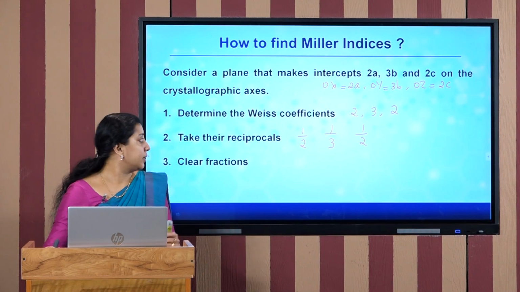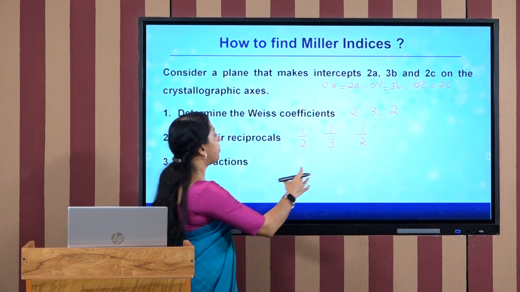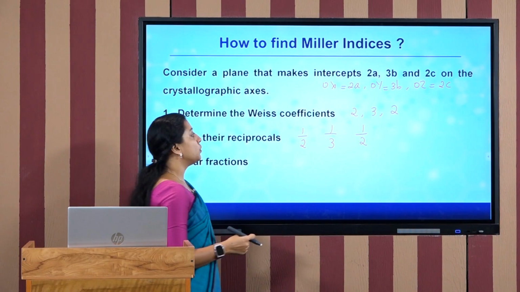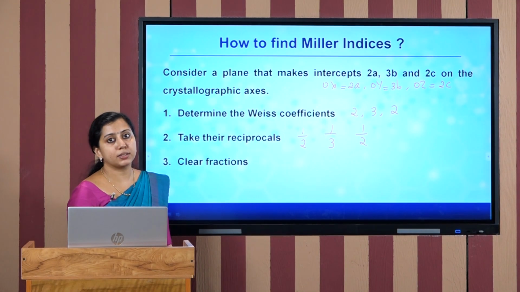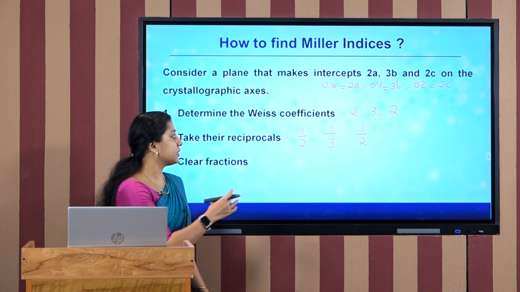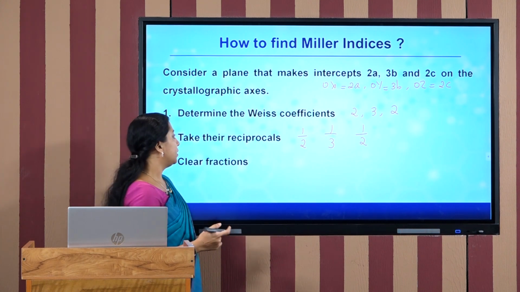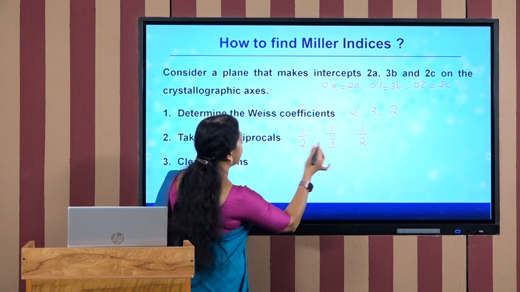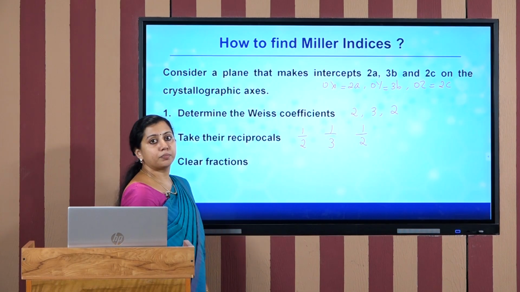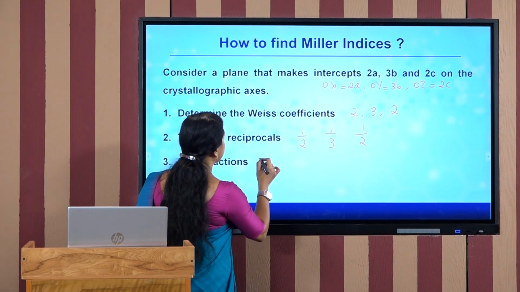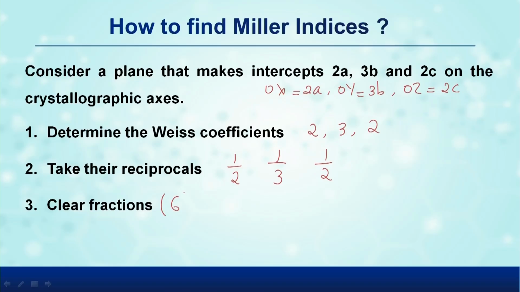For that we have to multiply these fractions by a common smallest number which is divisible by the numbers in the denominator. We have 2 and 3 in the denominator, so 6 will be a suitable choice because we can divide 6 by these numbers to get a whole number.